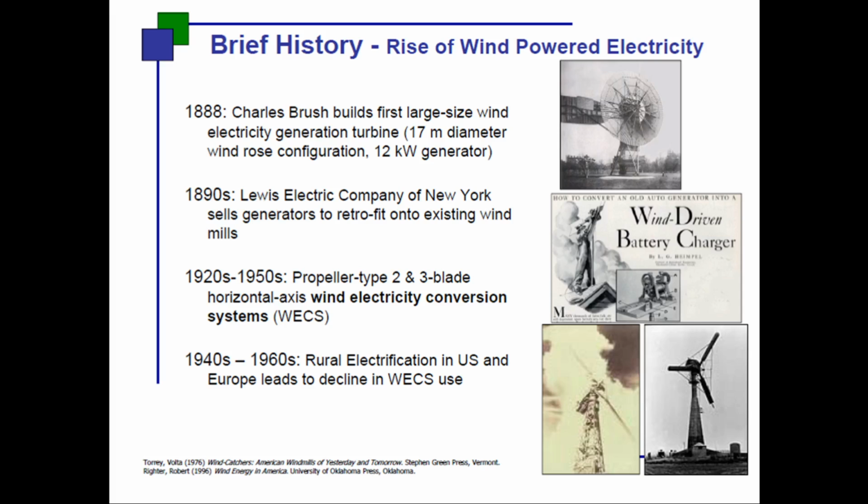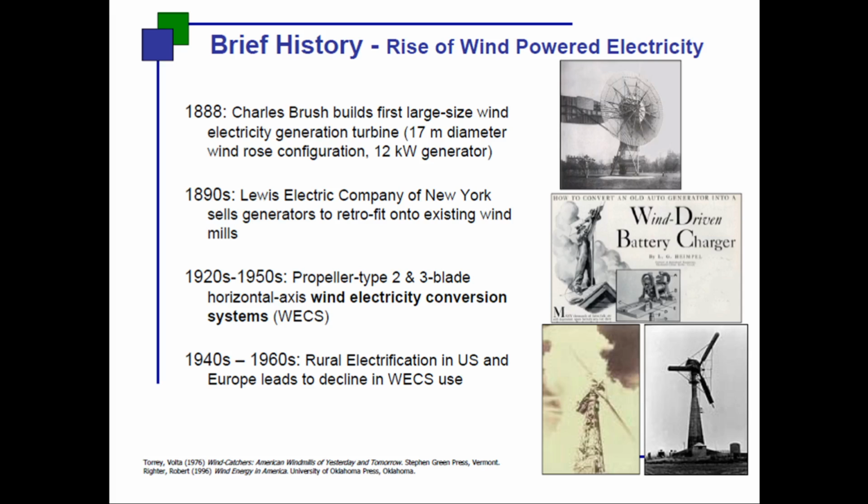In the 1890s, the Lewis Electric Company of New York sold generators to retrofit into existing windmills. Then in the 1920s to 1950s, propeller type 2 and 3 blade horizontal axis wind electricity conversion units, WECS. That's a commonly used acronym for wind energy conversion systems or wind electricity conversion systems.